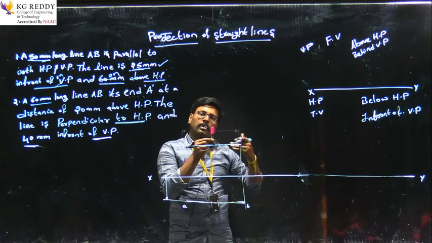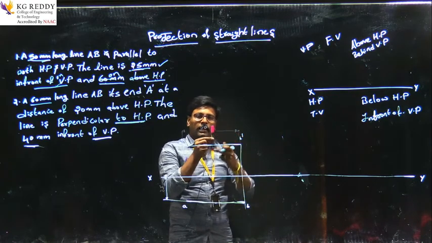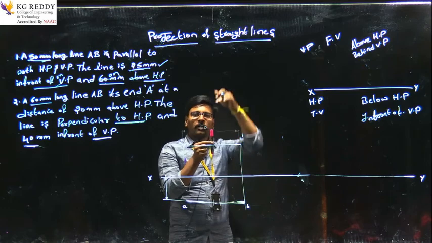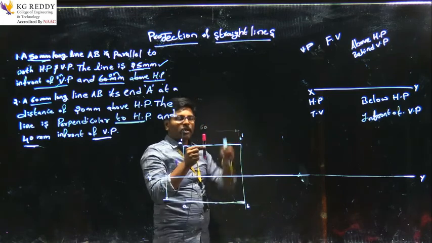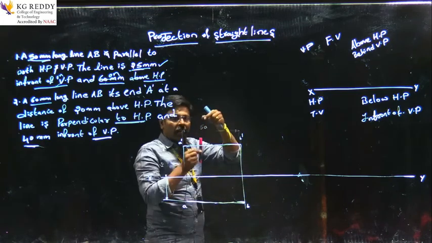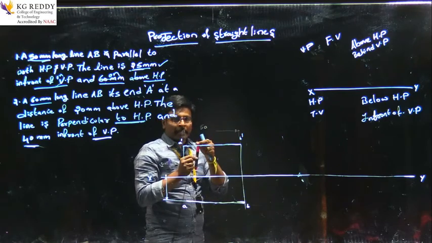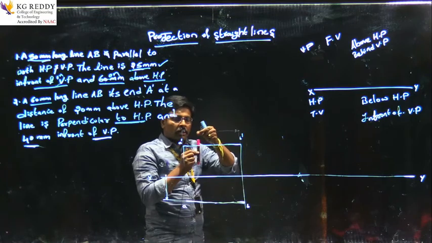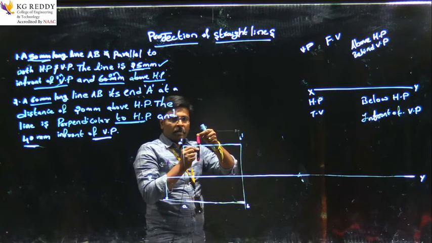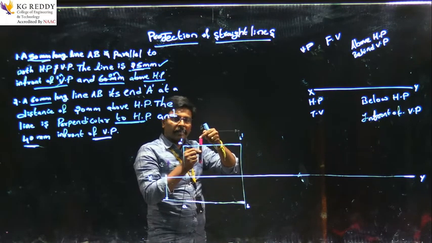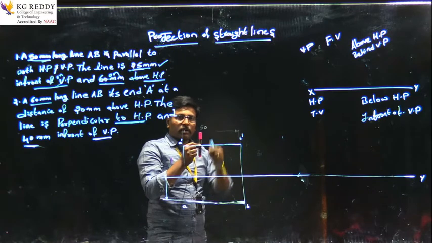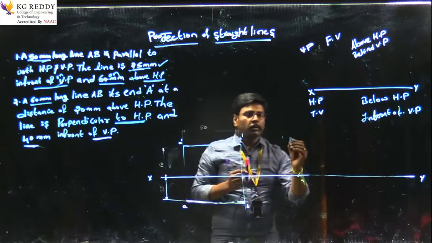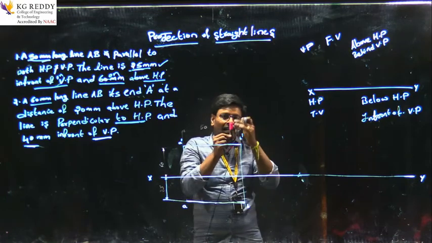The shape in the front view is a vertical line. What is the shape in the top view? This is the important part: while looking from the top, the line becomes a point. We can see only one point. So the top view is a point and the front view is a vertical line.